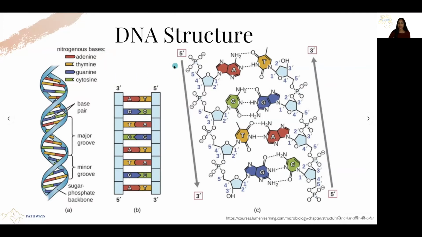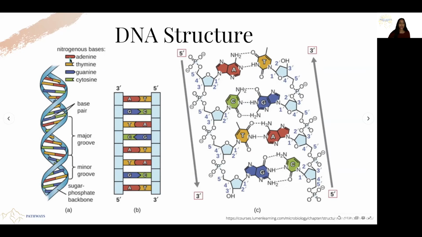I'm sure you'll be able to figure it out by looking at the diagrams. Adenine always pairs with thymine, and guanine always pairs with cytosine. So unless there's a mistake in the DNA, you will never find C paired with T or A paired with G. It is always A and T and C and G.